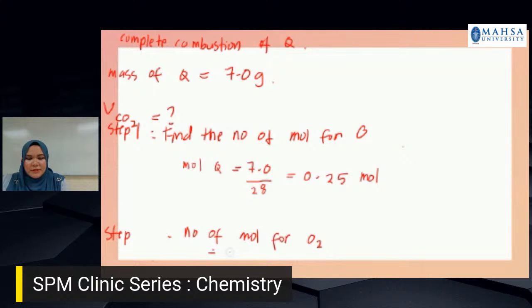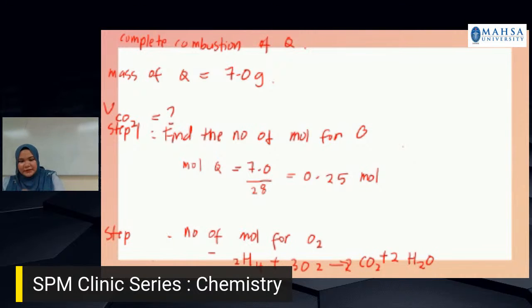According to the information given, you can see C2H4 plus 3O2 will produce 2 mole of CO2 plus 2 mole of H2O.